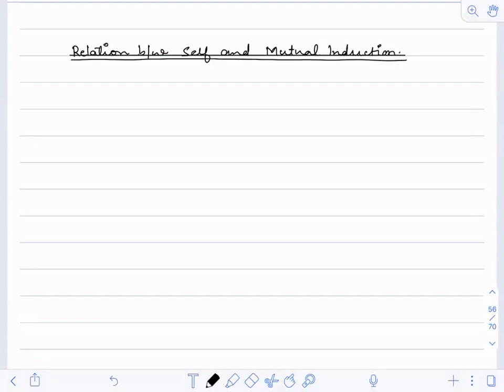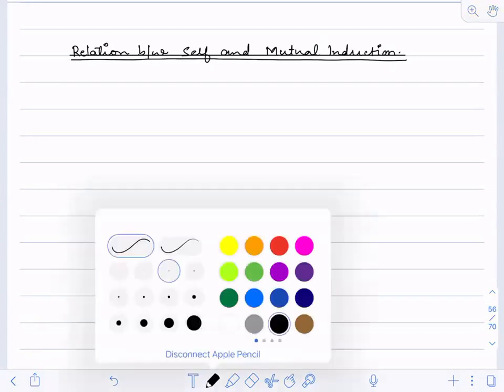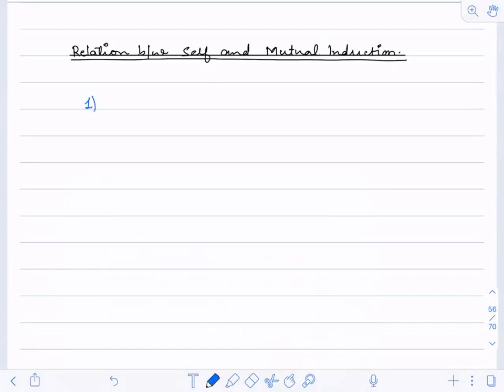Now just see over here. I'll just write down the relation because the derivation is not part of our syllabus. So mutual induction M is given as K into root of L1 into L2.